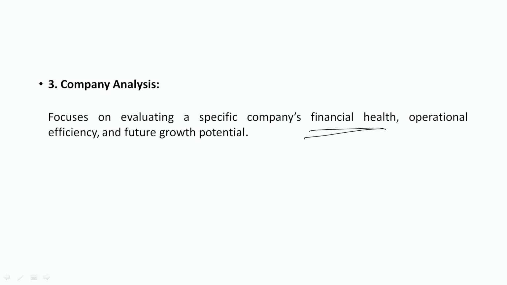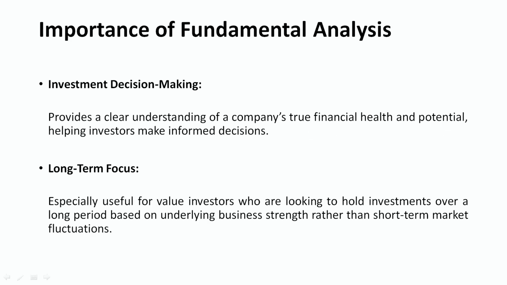We will go to those aspects when we go into the company analysis in detail. And then it also talks about the operational efficiency of the company and whether this particular company has a potential for future growth or not. So, based on these three parameters, we are trying to identify whether the company which we have identified will give us the return which we expect or not.